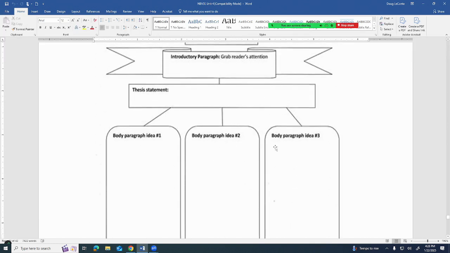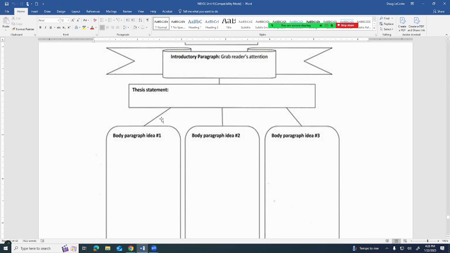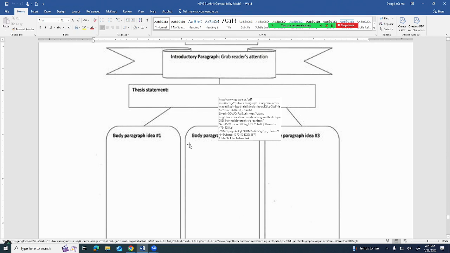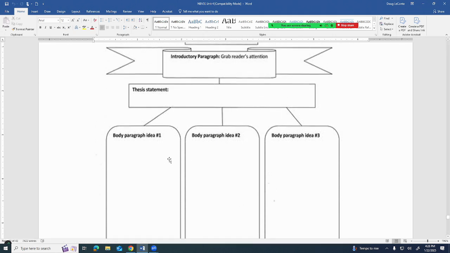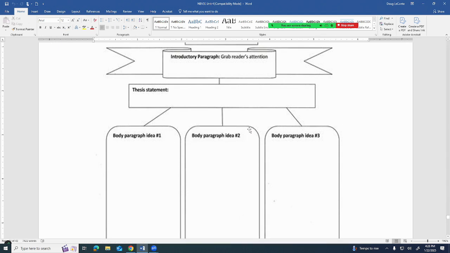And then you will write your body paragraphs, and hopefully you can connect them all together by transitions, right? So let's say this is one of your subtopics here. You might say, first of all, boom, right?